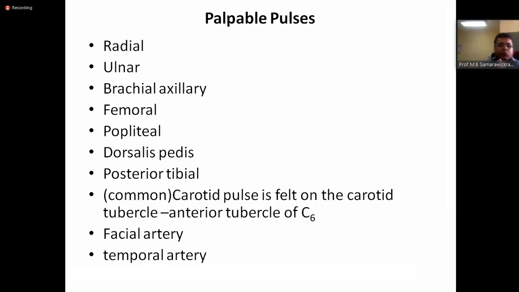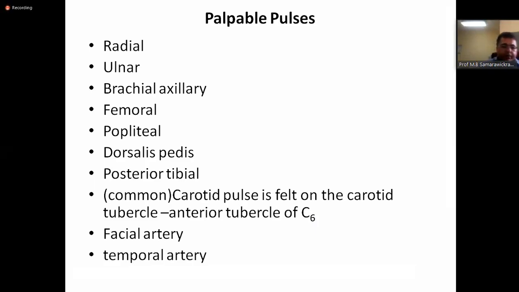Like that, you should know where to feel the brachial artery, femoral artery, popliteal, dorsalis pedis, posterior tibial, and the carotid pulse. You feel the common carotid pulse over the anterior tubercle of the C6 cervical vertebra.